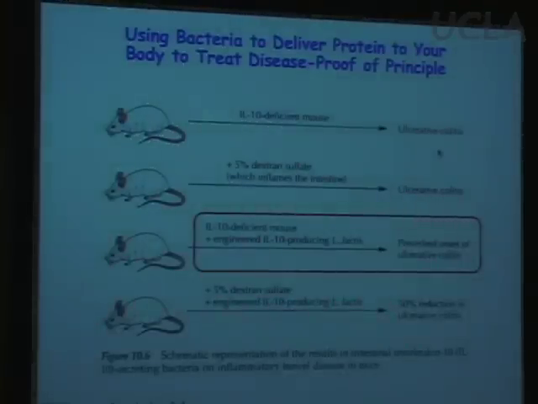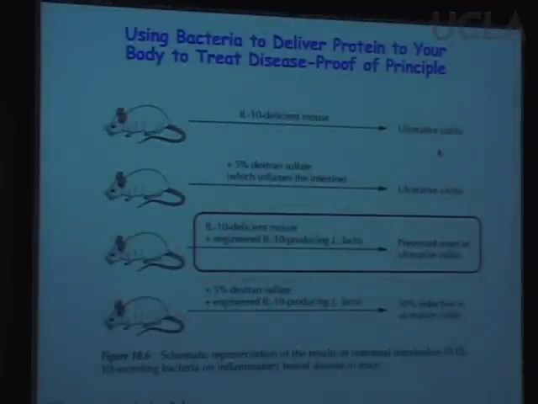Here is a mouse. Remember, we talked about knocking out mice genes. Remember, we talked about using mice as models for human disease. So this mouse has a gene knocked out called IL-10, which is involved in facilitating the immune system, and that mouse gets intestinal disease 100% of the time.